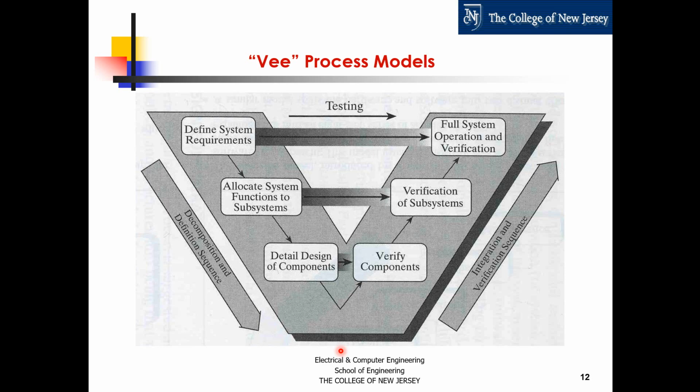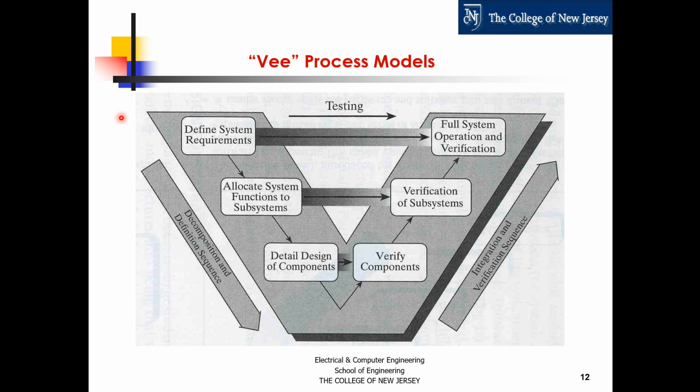Okay? So this model takes that into consideration in the sense that you do what is called system decomposition and definition. You do that top down. And you have experience and you have taken courses where I have talked to you about the importance of understanding top-down versus bottom-up design and implementation.